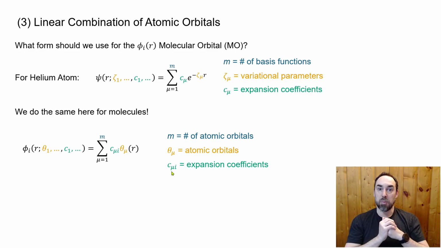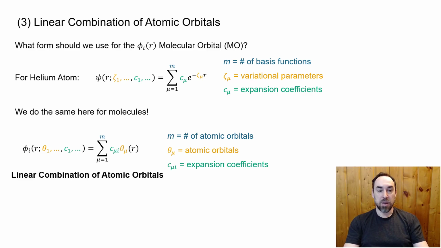So we can treat this molecular orbital again with the goal to minimize the energy. And we sum over all of the atomic orbitals that we have available. So you already realized that I'm not focused only on one atom when I build this molecular orbital. I sum over all of the atomic orbitals for all of the atoms in my molecule. What we've done here is a linear combination of atomic orbitals, LCAO.